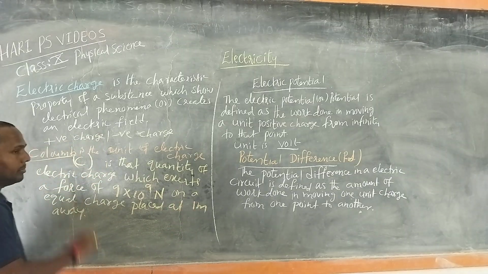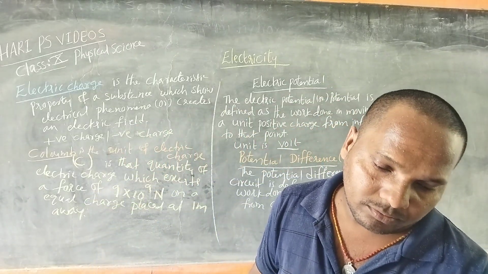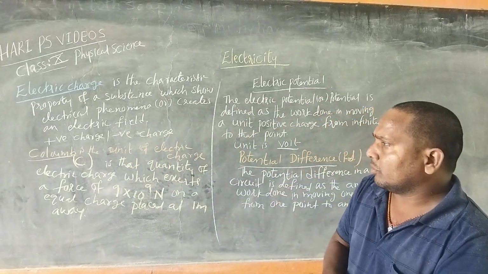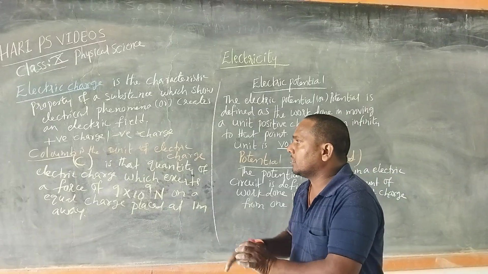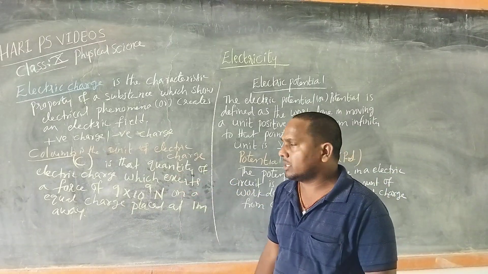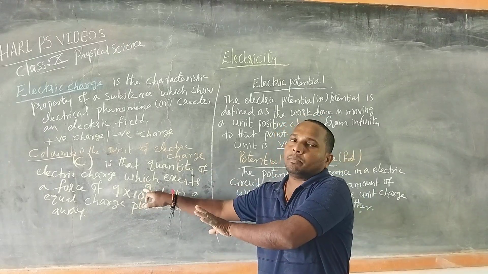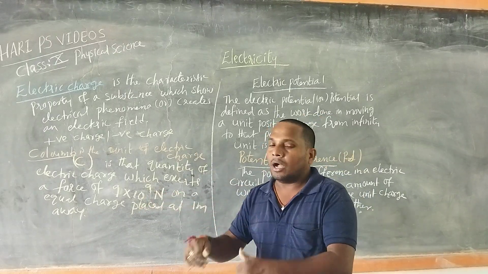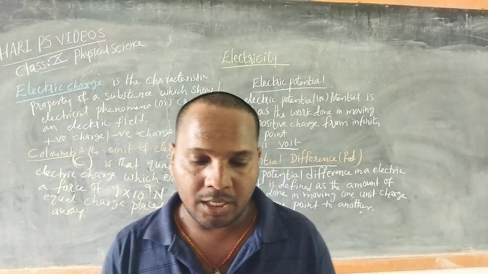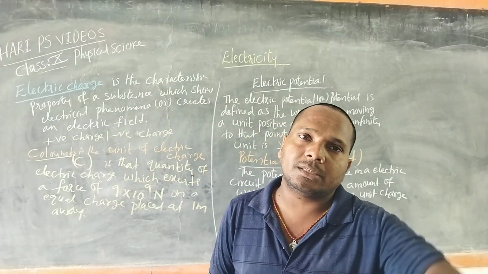So a coulomb is the quantity of electric charge which exerts how much force? 9 into 10 power 9 newtons on an equal charge placed 1 meter away from it.